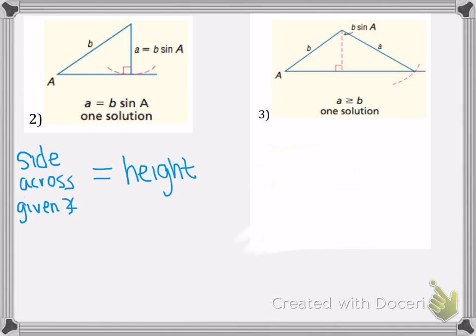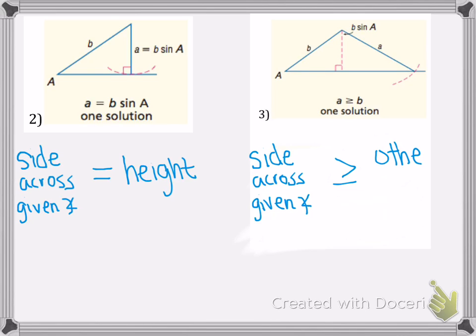I also have one solution if the side across from the given angle is greater than or equal to the other side. In both of these cases, I have exactly one solution.